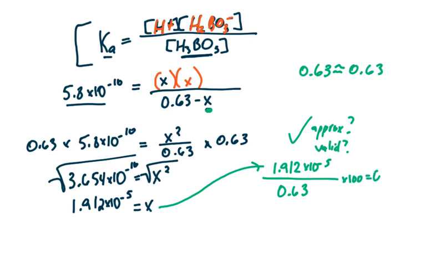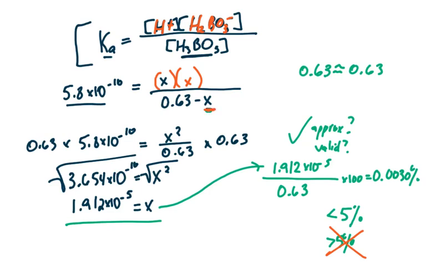What I get is 0.0030%. So this is much less than 5%, which tells me that this approximation is valid and I can use this value for X. If it were greater than 5%, then that means that the approximation is not valid and I cannot use it, and I have to use the quadratic formula to solve for X, so I need to keep this here. I could not just omit it like we did there.